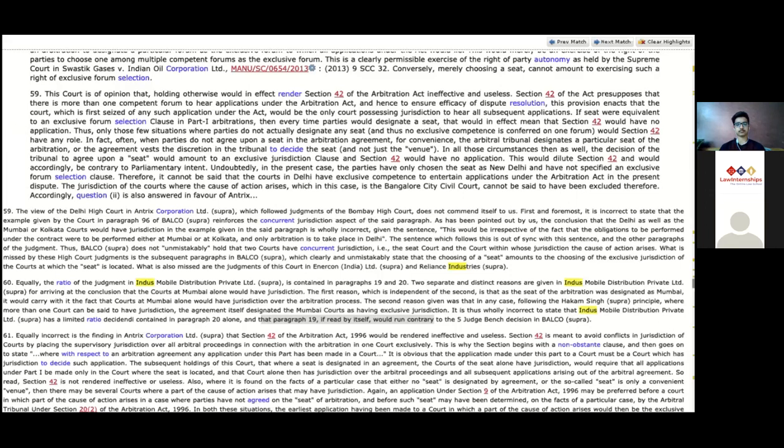So what we have to understand here is that finding ratio decidendi, and trying to find what reasonings are used, are two separate things.